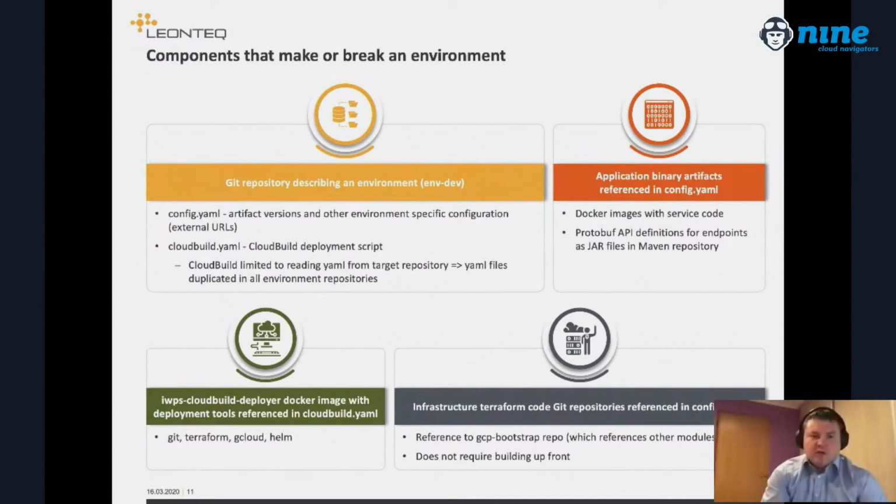Then we use a custom built Docker image with some tools which actually do the deployment. And then we have some application images which will get deployed to the environment, and we get some infrastructure code which is expressed as Git repositories with Terraform modules.